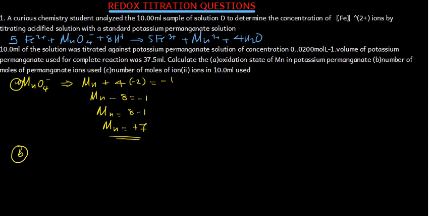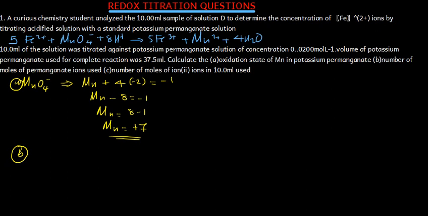So starting from this point here: 10 milliliters of the solution was titrated against potassium permanganate of concentration 0.02 mole per liter. The volume of potassium permanganate used for complete reaction was 37.5.